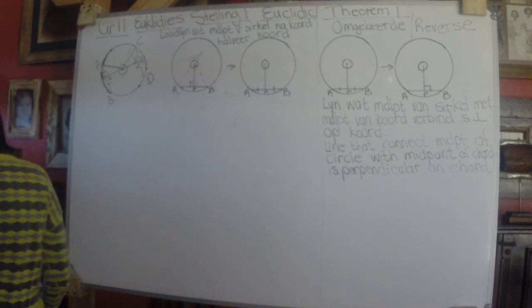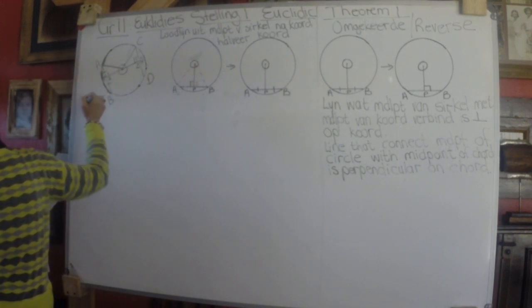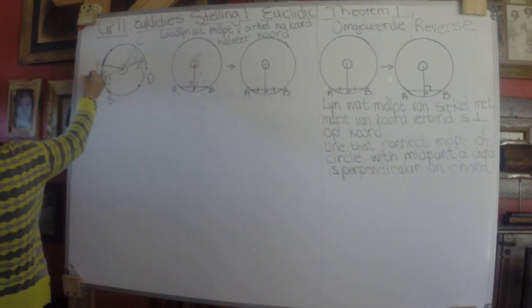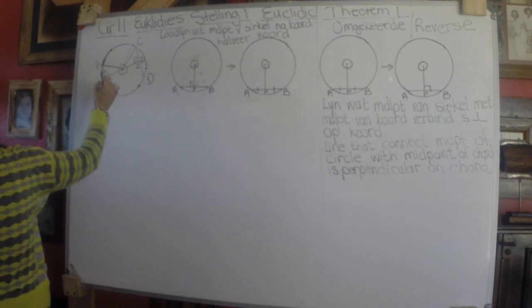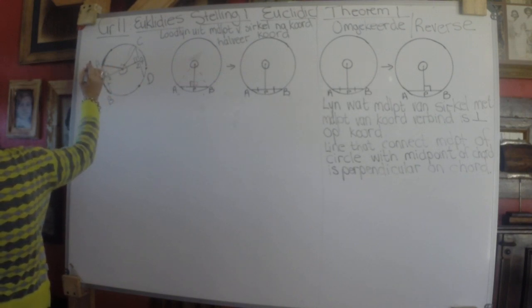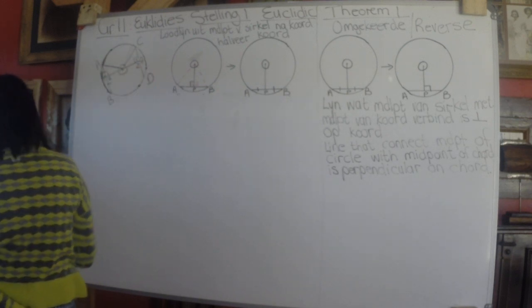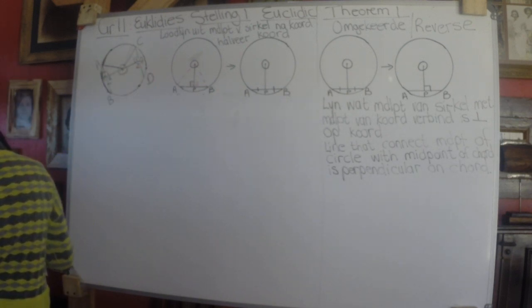Good. Let's say I've got a circle, midpoint O. I see that AP equals PB. I see that Q1 equals 90 degrees. Therefore, CD is perpendicular on OQ.